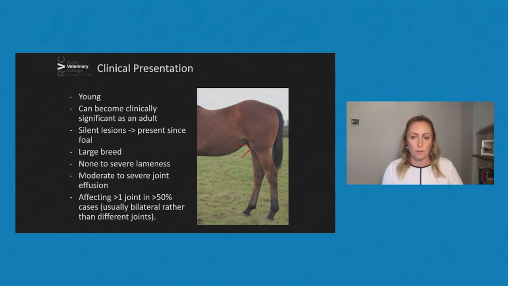It can present with effusion of the joint, as you can see in this picture, outlined by the red arrows, with femoropatellar joint effusion. The disease can affect more than one joint in over 50% of cases. It usually occurs in the same joint on the contralateral limb, but it can also affect multiple joints in the same horse as well.